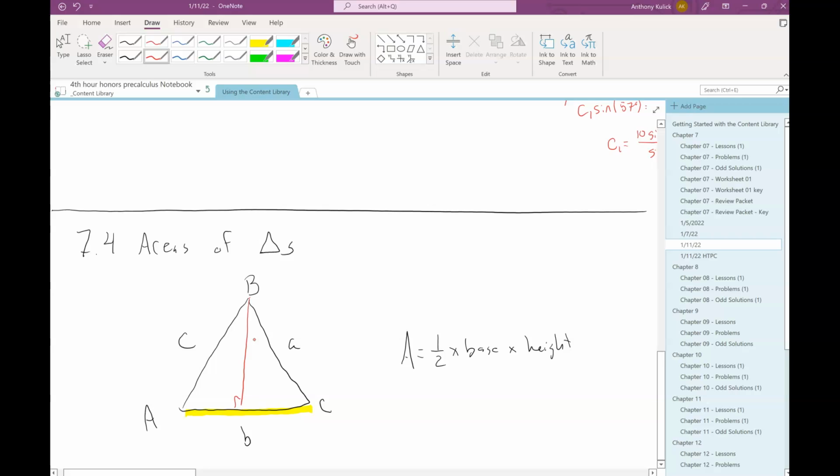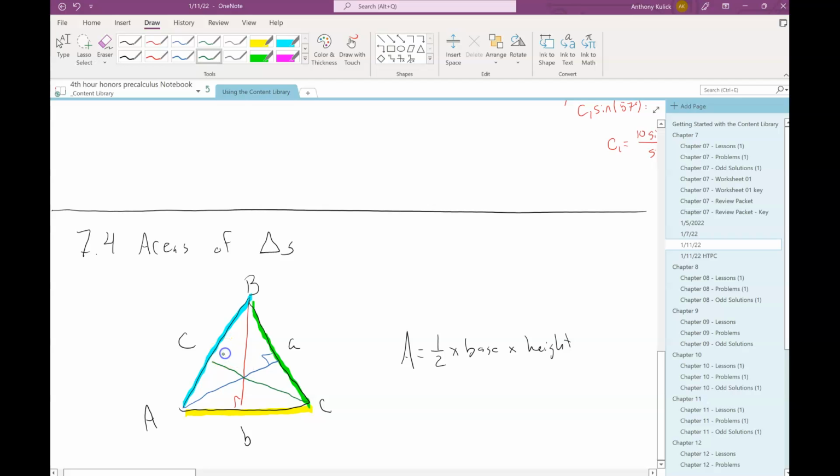If you pick the base to be b, like Paul did here, the height is this red line that we've drawn in. But I could have picked side a to be the base, in which case the height would be this line that comes in. Or I could have picked c to be the base, in which case the height is this green line that comes in.